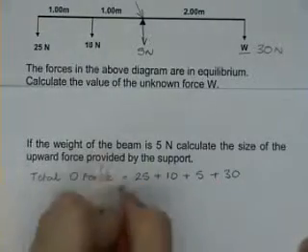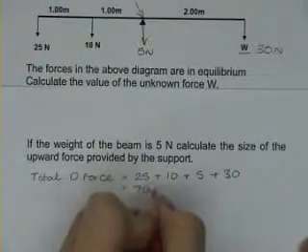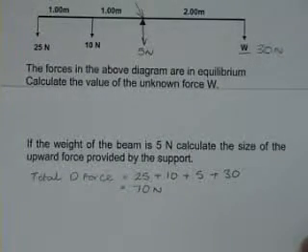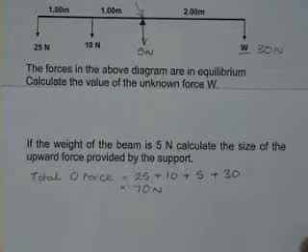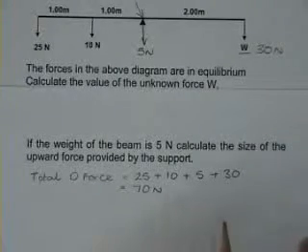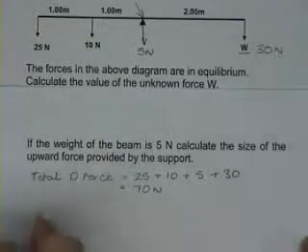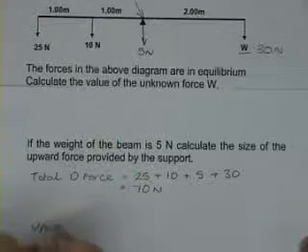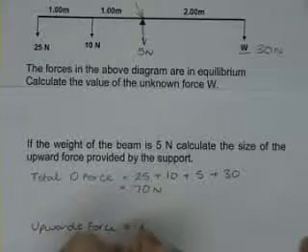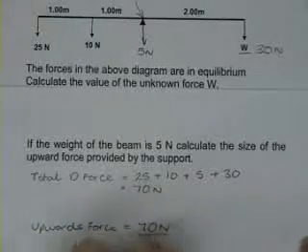Now all of that would equal 70 newtons. For the beam to be in equilibrium, the upwards force provided by the support would have to equal 70 newtons for it to be the same. So the upwards force would have to equal 70 newtons.